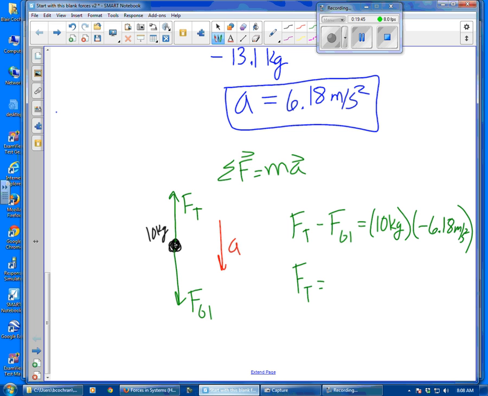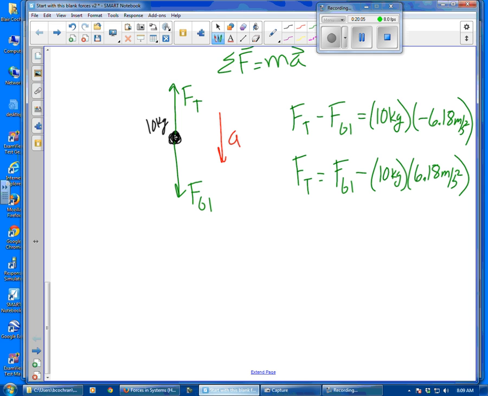Ft is Fg1 plus, minus, because it's plus a negative, 10 kilograms times 6.18 meters per second squared. And I can fill in from there, right?